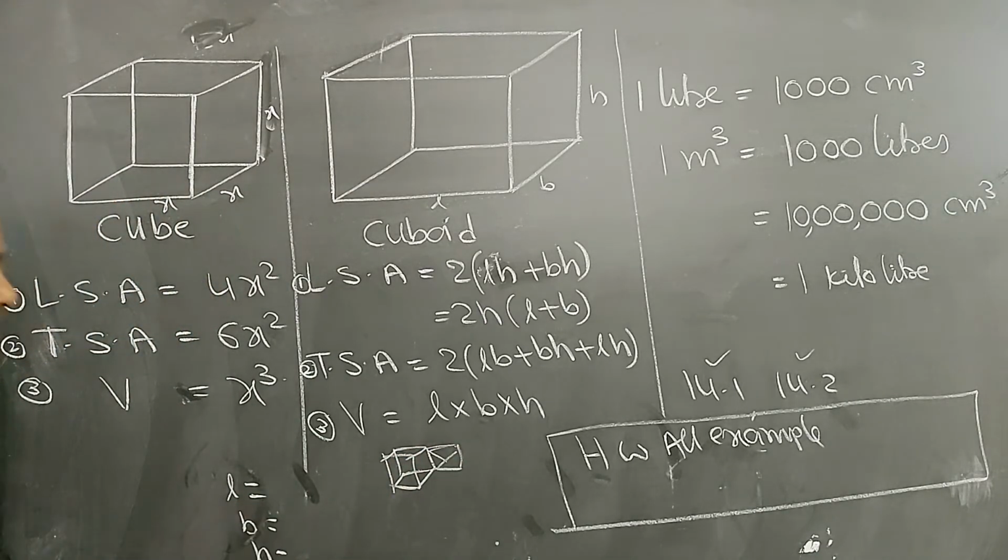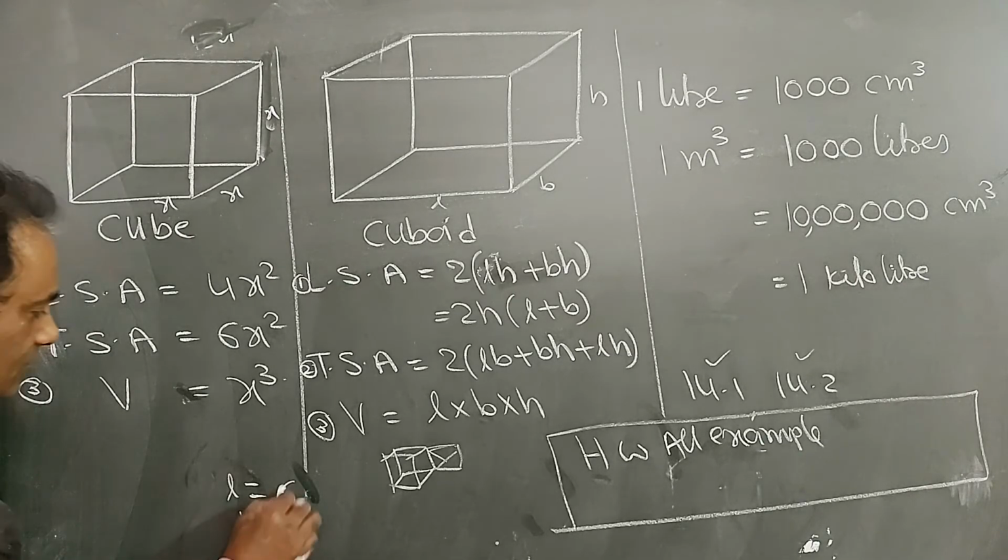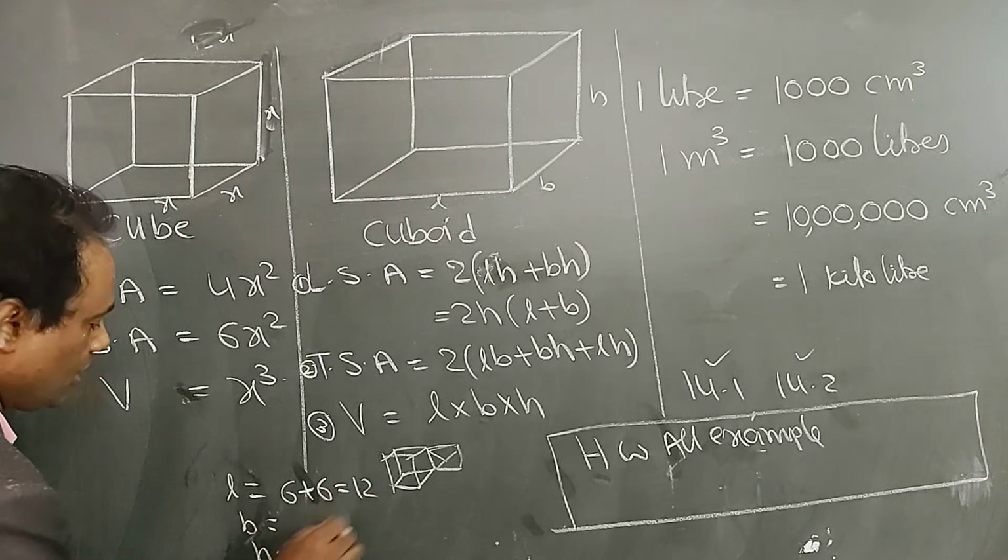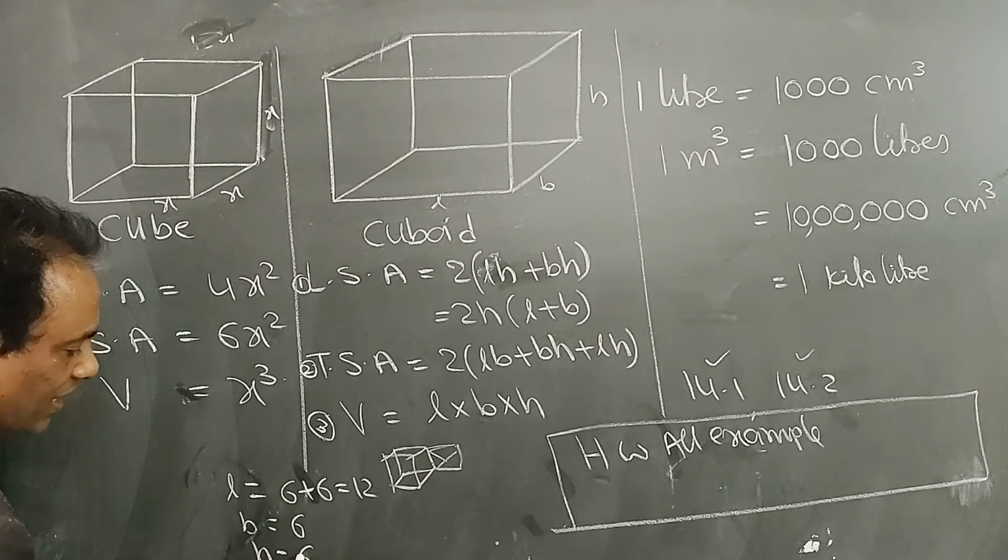So the length will change. Length will become 6 plus 6, 12. But breadth and height will be the same.